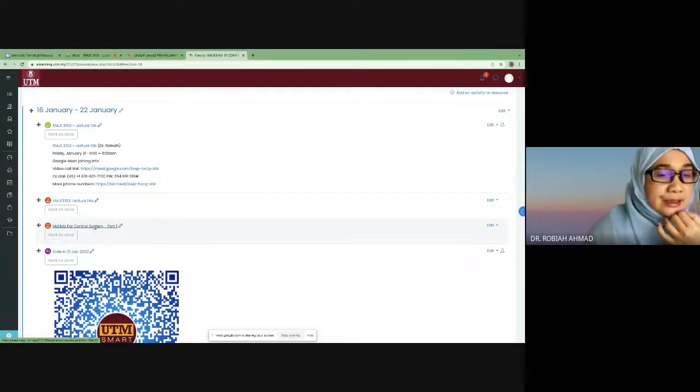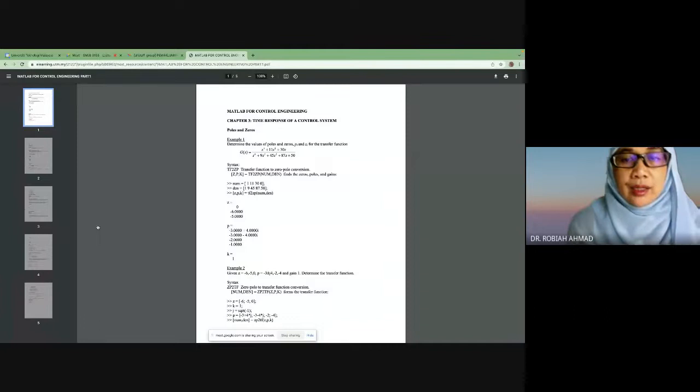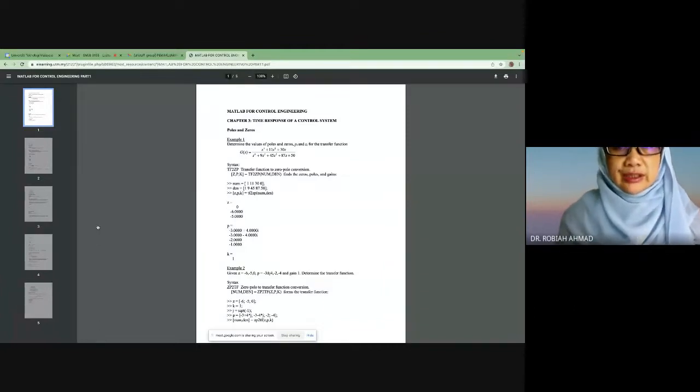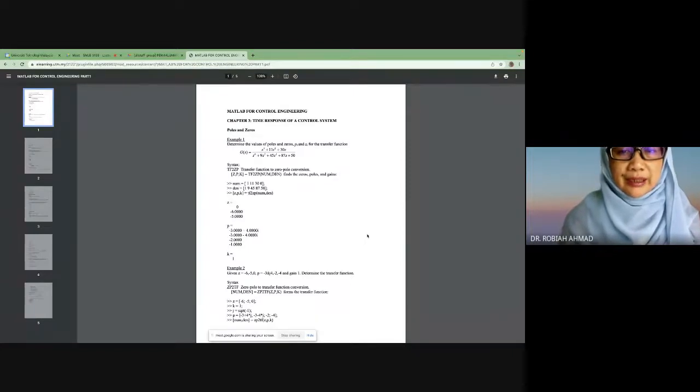I think I would rather discuss this one, MATLAB for control engineering, because the last part of the lecture is engineering design control. We will use MATLAB to determine the K and the damping ratio and so forth.